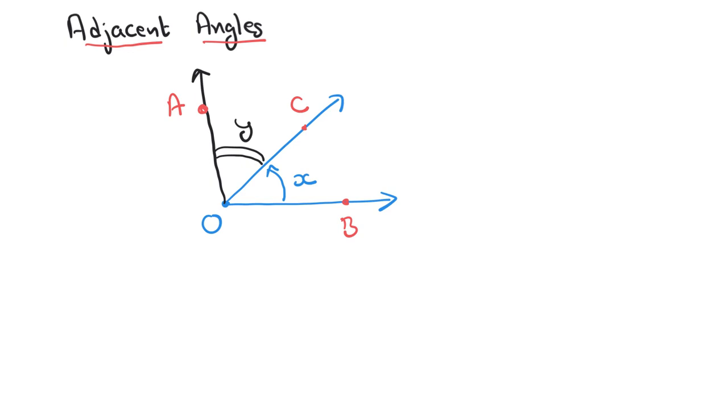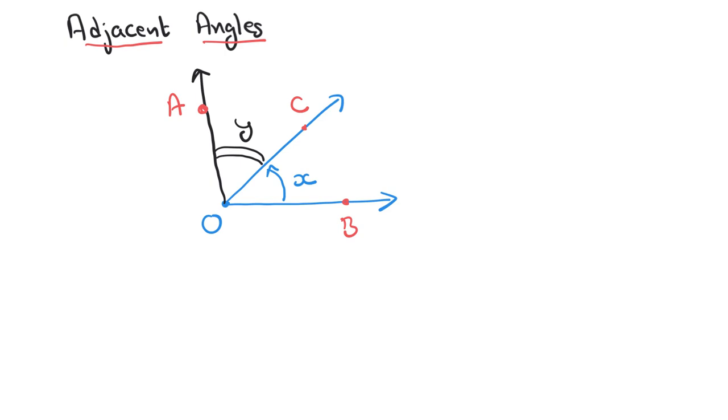Now, do you observe that both angles X and Y have a common arm OC, and the other two arms are on either side of the common arm? Can you observe that? Then we say that angles X and Y are adjacent angles.